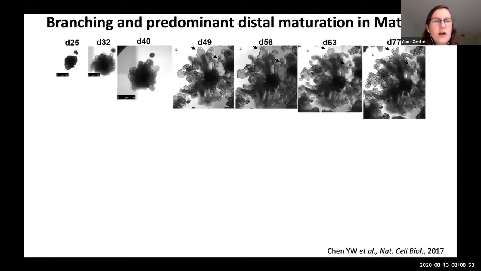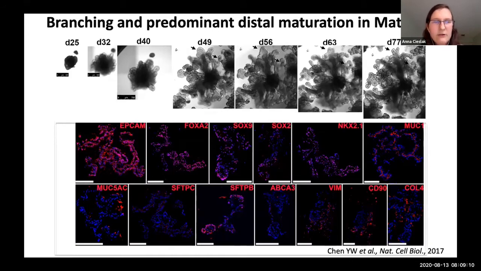Further, if we embed the organoids in Matrigel, they display branching morphogenesis over time, with up to 77 days featured over here. And further, when characterized by immunofluorescence staining, they display distal maturation marked by surfactant-specific markers such as surfactant protein C, B, or ABCA3.